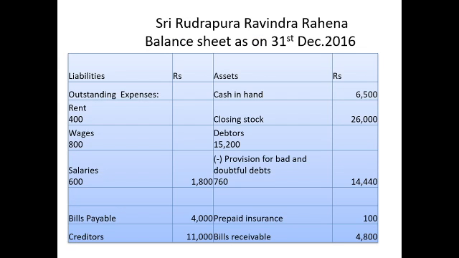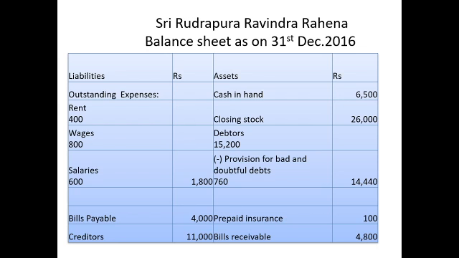Next, finally, we will prepare the balance sheet as on 31st December 2016. We will go with the liabilities. First, we will write the current liabilities. In the current liabilities, outstanding expenses will come: rent, wages and salaries, total 1,800. Bills payable 4,000.